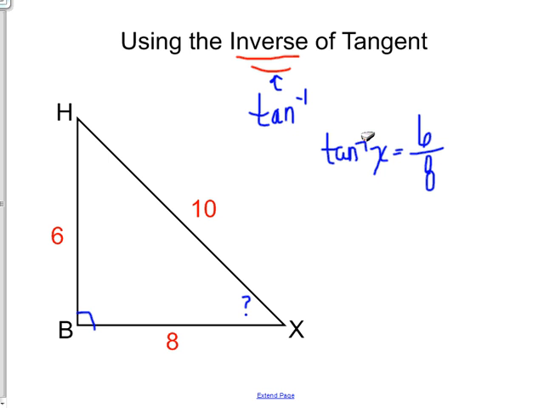Sorry, I'm getting ahead of myself. We know that 6/8 is actually 0.75. So in this case, we can do the inverse of tangent of 0.75.